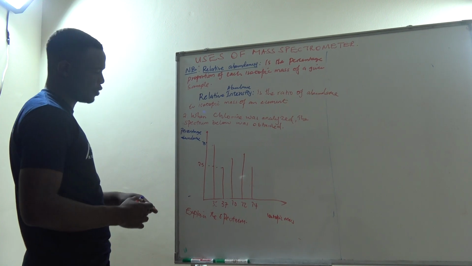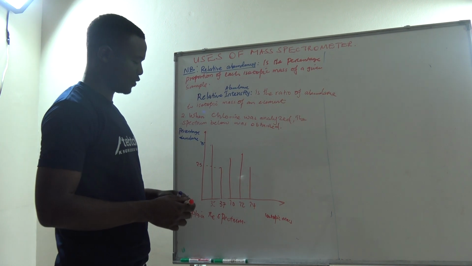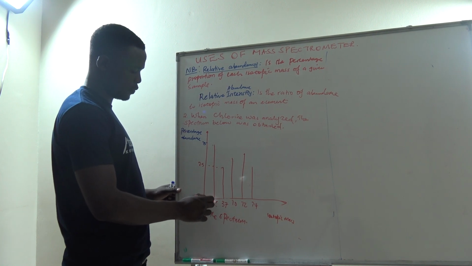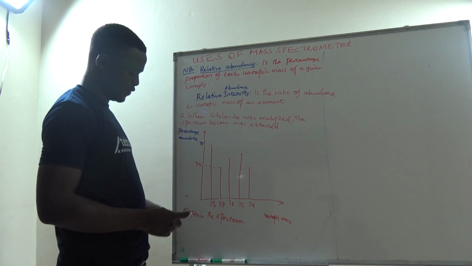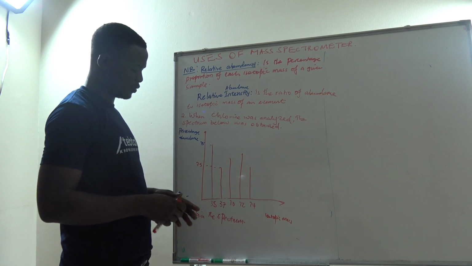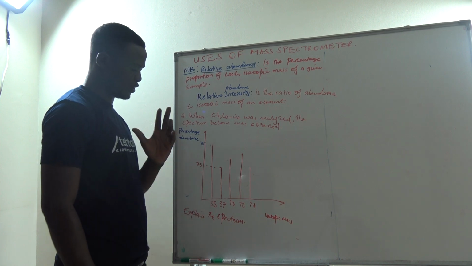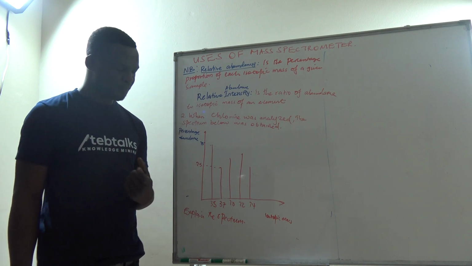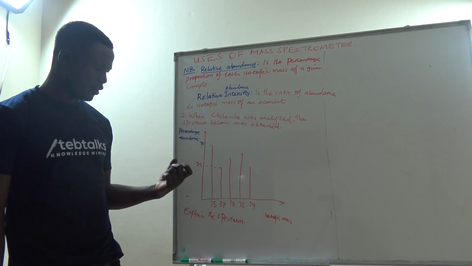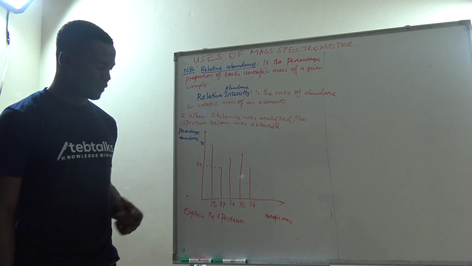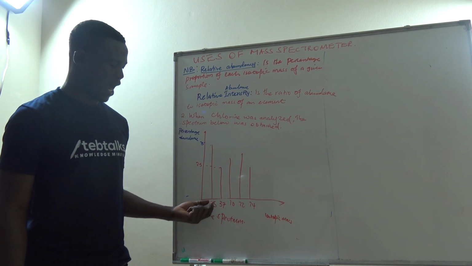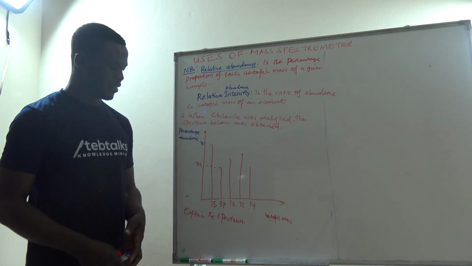Now, what do we see on this spectrum of ours? We realize that we have very many isotopic masses. And we know that chlorine is isotopic and the chlorine molecule is diatomic. So when we are analyzing a chlorine molecule, since it is diatomic, we have chlorine 35, we have chlorine 37.